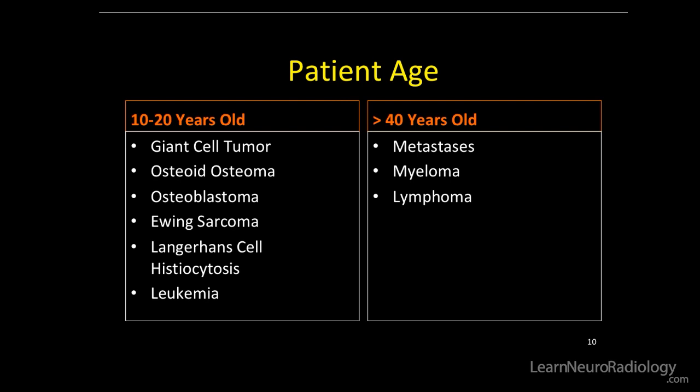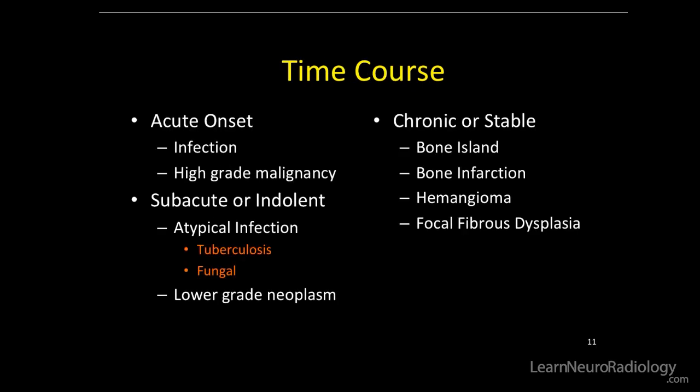Patient age: younger patients, you want to think about different types of lesions such as giant cell tumor, osteoblastoma, LCH, and leukemia. Everybody should always rattle off in an older patient when they see a bone lesion, Mets, myeloma, and lymphoma in the differential. Time course: if it's an acute rapid onset, you want to think about an infection or a high-grade malignancy.